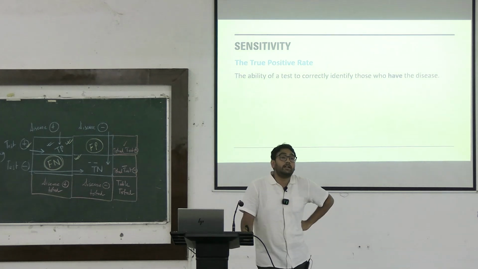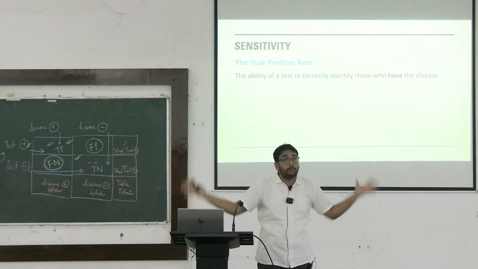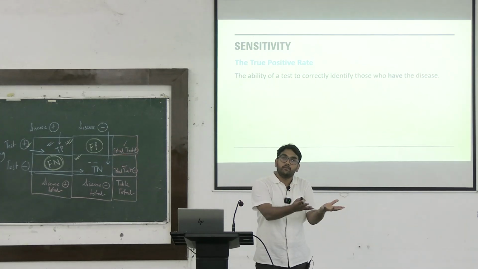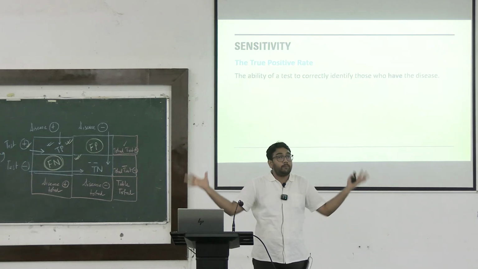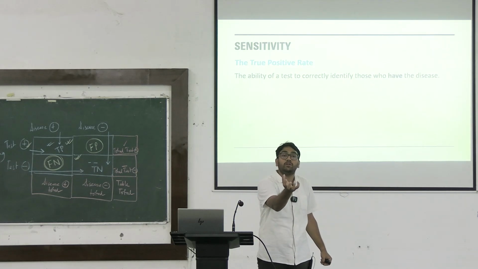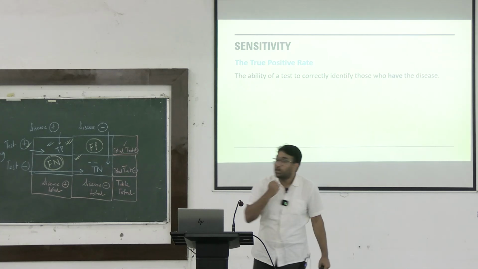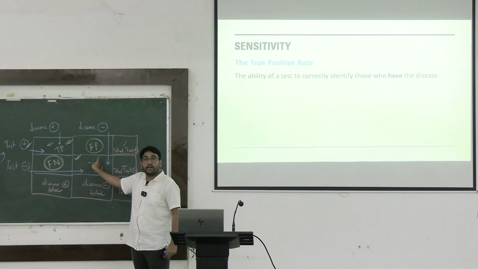What will be the denominator? All of those people who have the disease. I want to find out, among all of those people who have the disease, how many the screening test is able to detect, isn't it? So all of those who have the disease are where? Look at this.